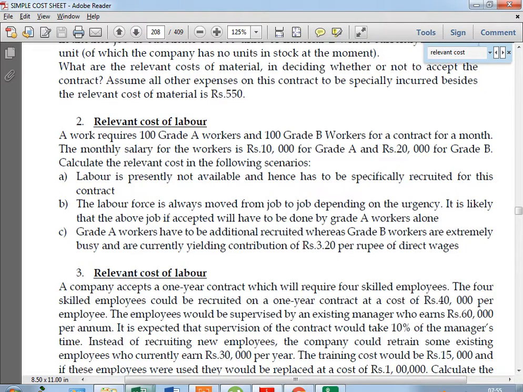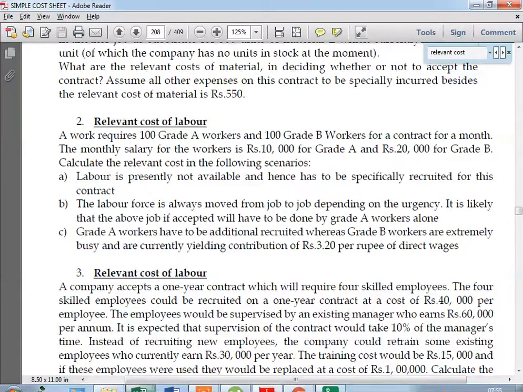Next, grade B workers are available, busy and cannot be substituted. Three scenarios: they are available, they are busy, and you cannot substitute them because the information indicating a substitute is not there. Clear?